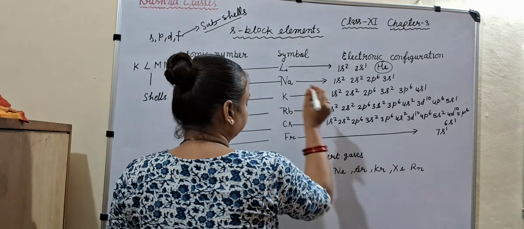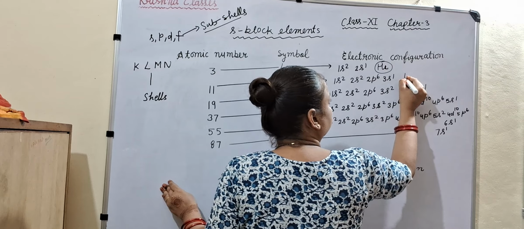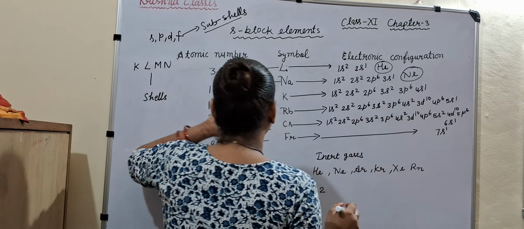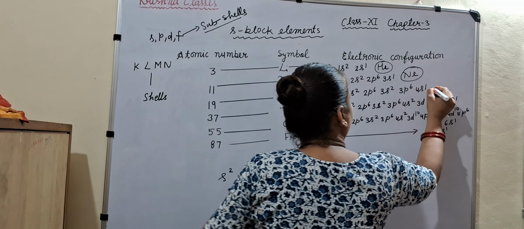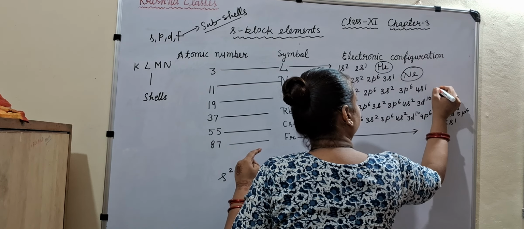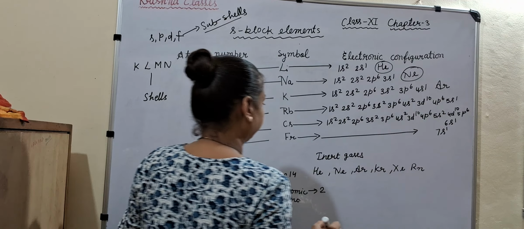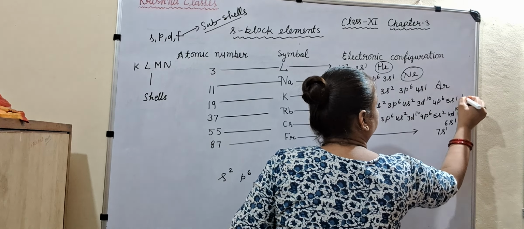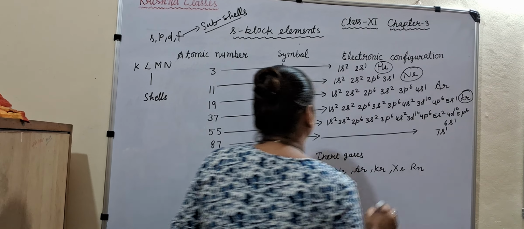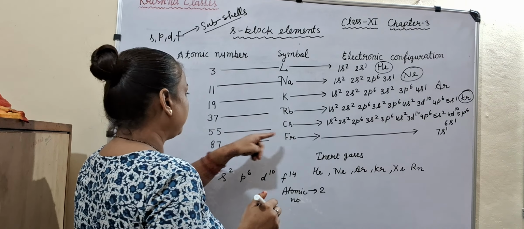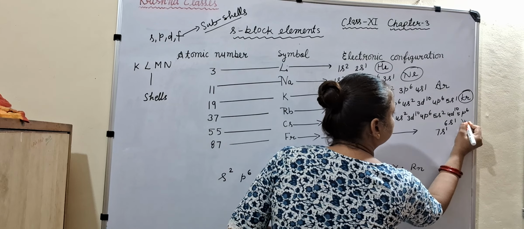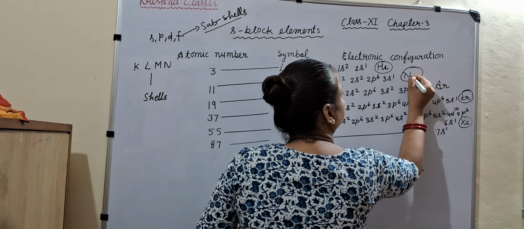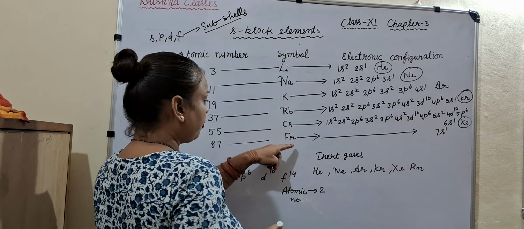Second one is sodium, neon; potassium, argon; rubidium, krypton; cesium, xenon; francium, radon.